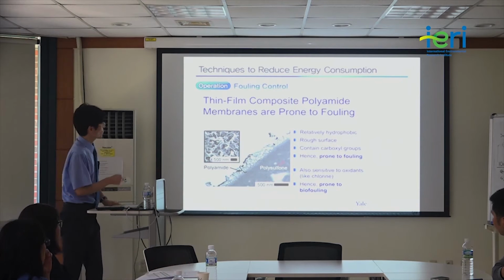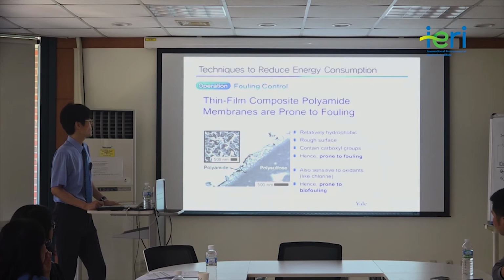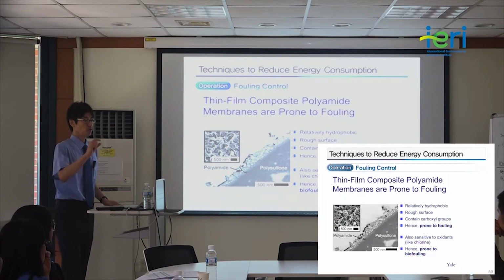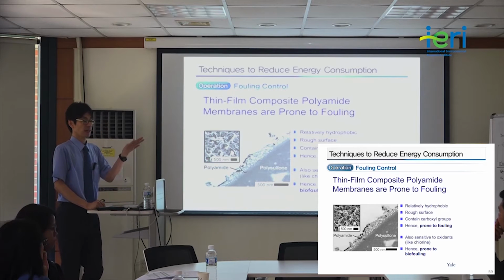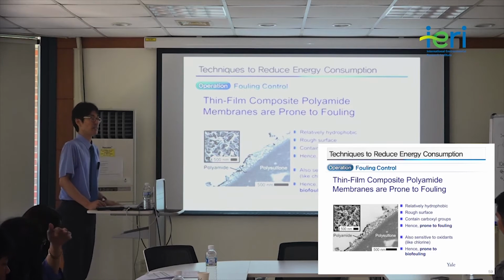So this is the picture to show the surface of this reverse osmosis membrane. In fact, if you look at the reverse osmosis membrane, it just looks like a paper, and the top layer is shiny, and the other layer has a matte-like texture.